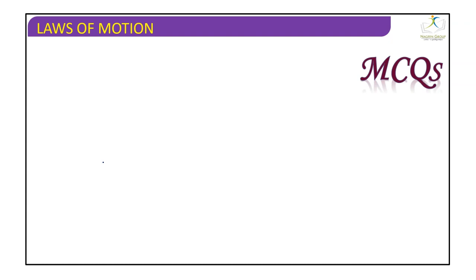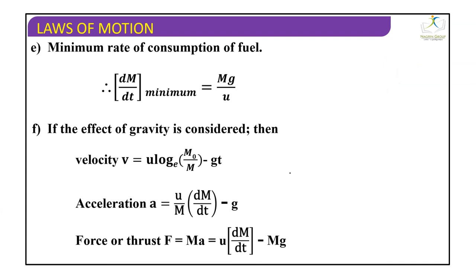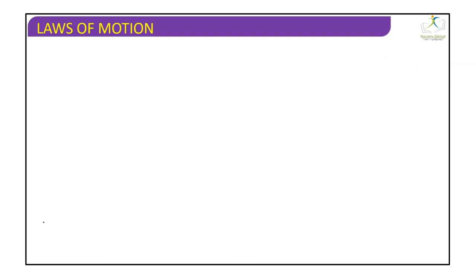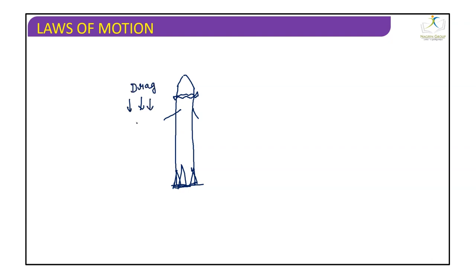Moving ahead, the rocket propulsion diagram. If this is a rocket, the dragging force, gravity, continuously applies in the downward direction and tries to attract the thing downward.